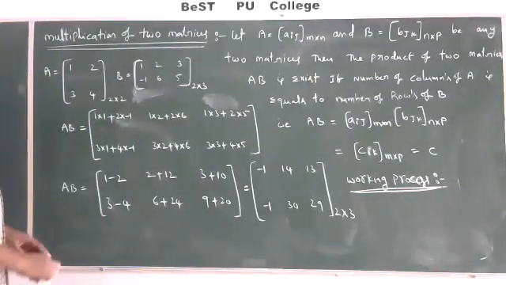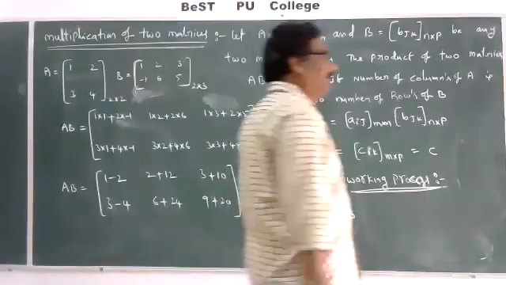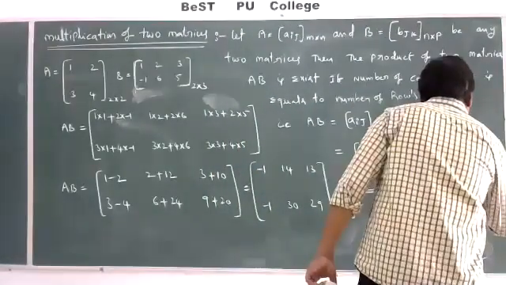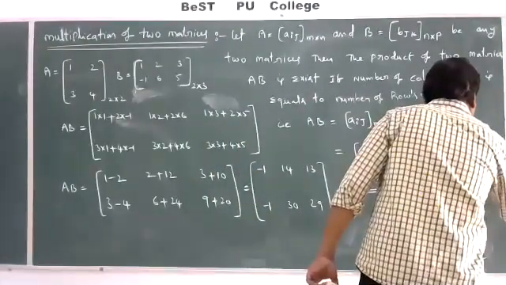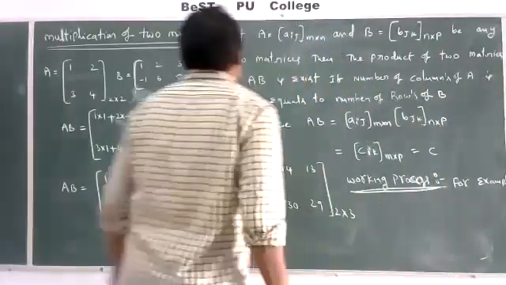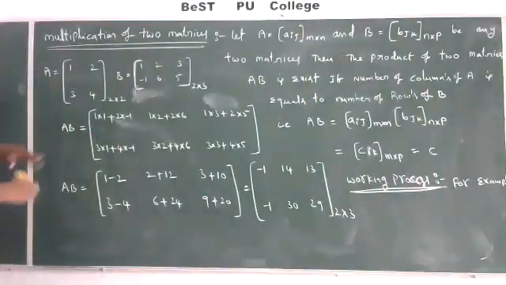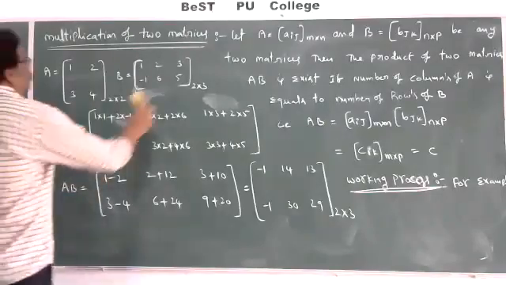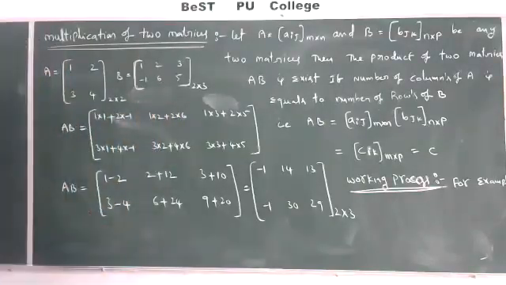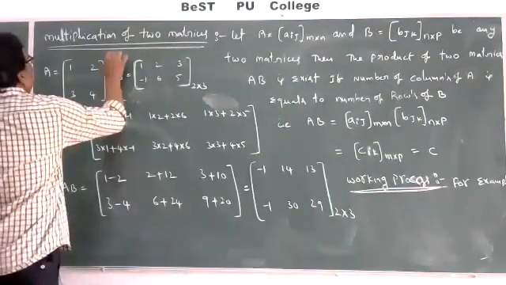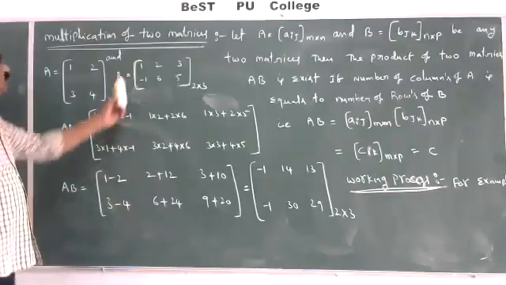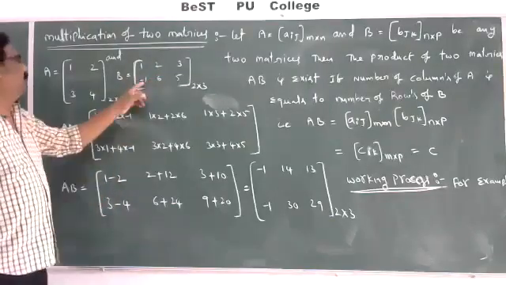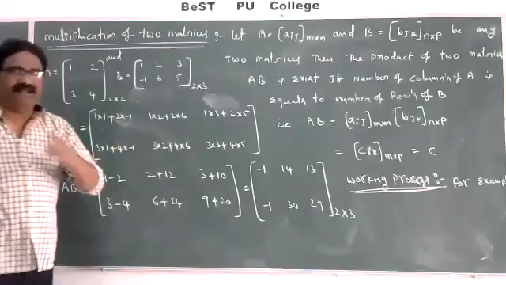For example, write this: A is equal to 1, 2, 3, 4, a 2 by 2 matrix, and B is equal to 1, 2, 3, minus 1, 6, 5, a 2 by 3 matrix.